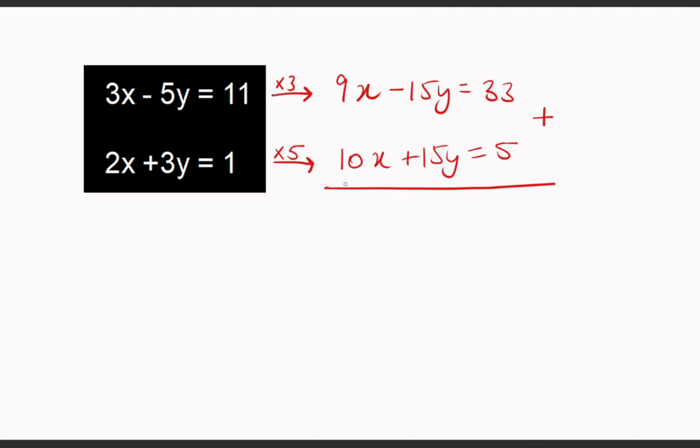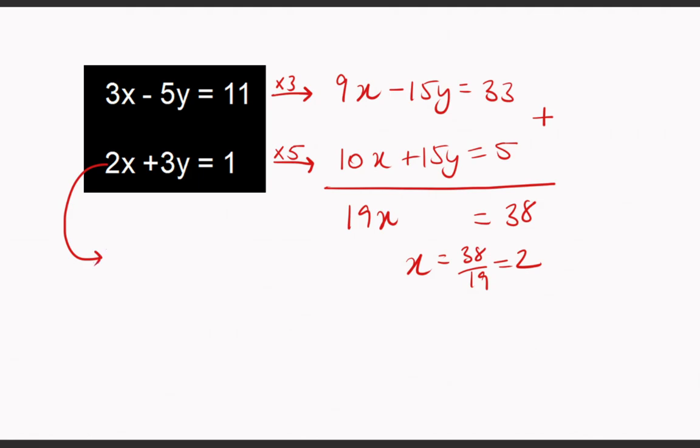So 9x plus 10x, that's going to be 19x, and the y's are 0. 33 plus 5. So you can see that x is going to be 38 divided by 19, which is actually 2. And then go back to one of these equations.